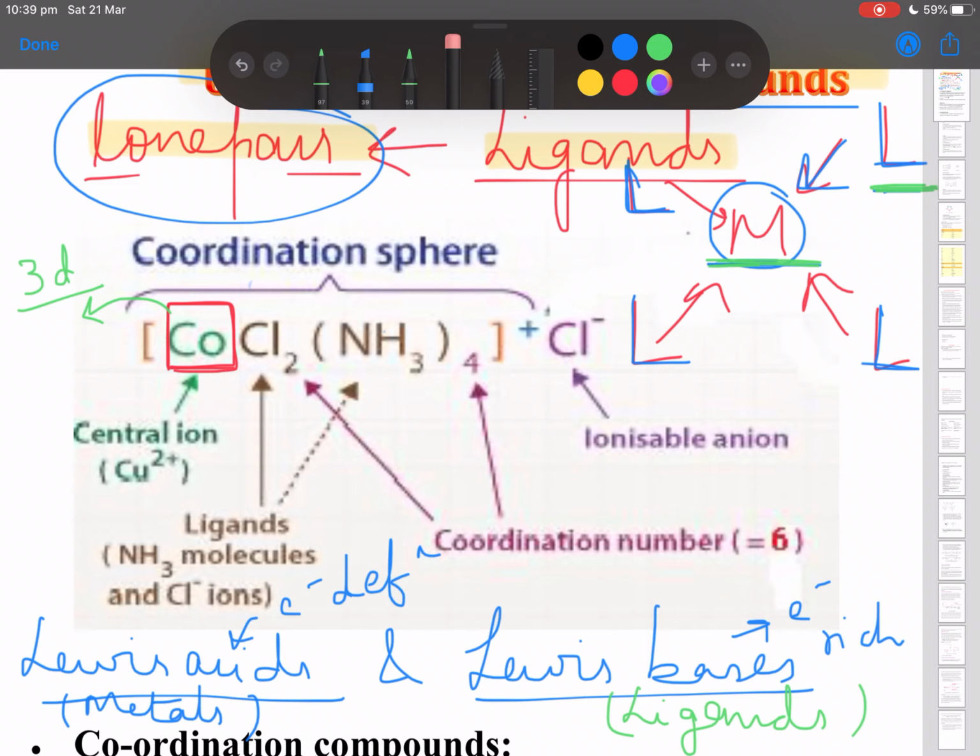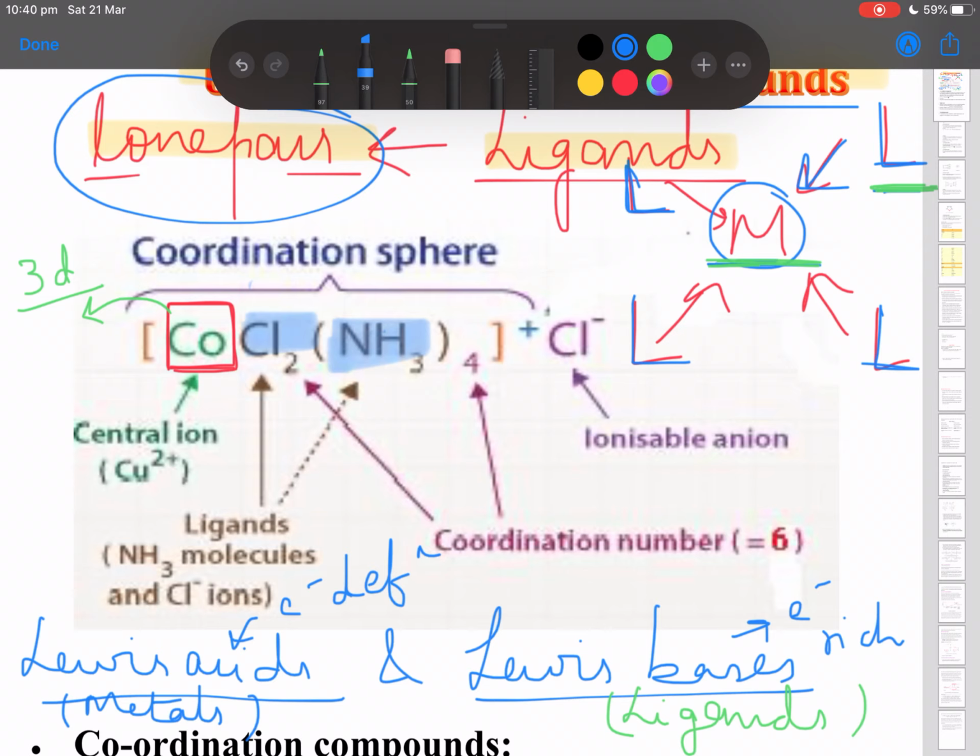Cl is one ligand and NH3 is the another type of ligand. So Cl ligand is an ionic compound, ionic in nature. So this entire complex becomes ionic in nature as well.